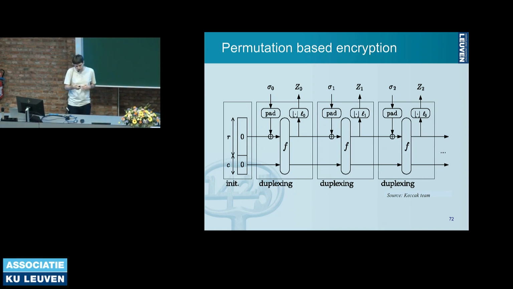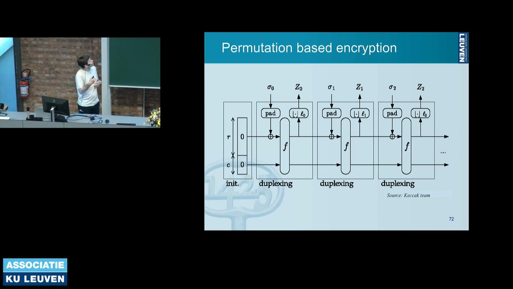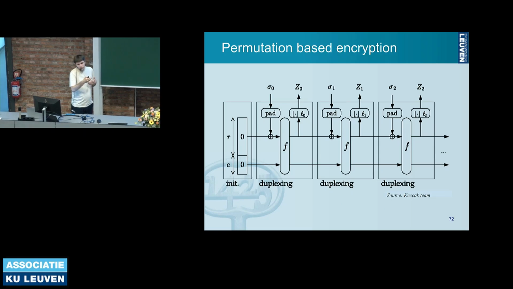And after you've absorbed the key, each time you absorb a message block, let's say sigma 1 could be a message block, and then apply the permutation and then extract a ciphertext block.